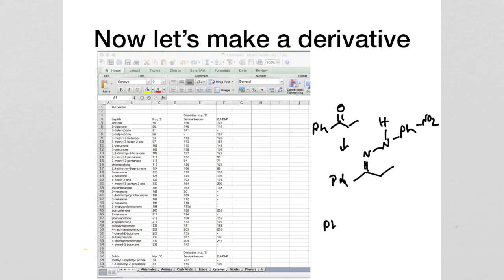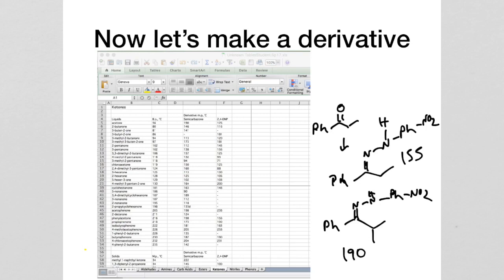But if you made that same derivative from the isobutyrophenone, that molecule would be this. And these two molecules are going to be very, very different in their melting point. This one has a melting point, like I just said, of 190. This one has a melting point of 155.